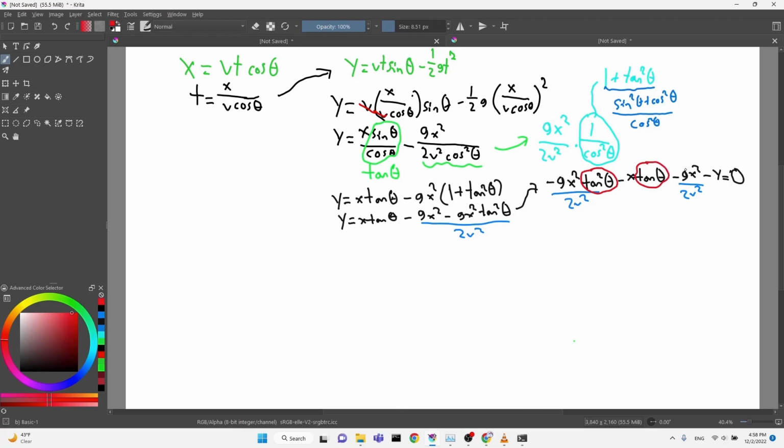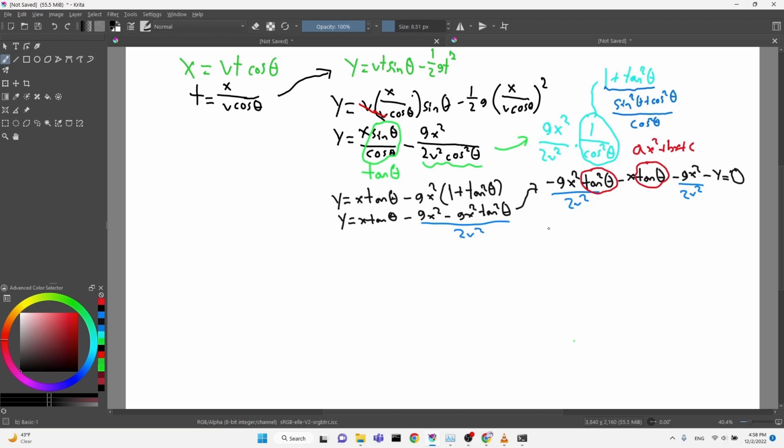And third term, we don't have any tangent. Isn't that what a quadratic is? Basically, x squared plus bx plus c. Yeah, that's quadratic, right? And that's the reason why I moved it all to one side, so I could start solving for some stuff. Now we're just going to get back on track.